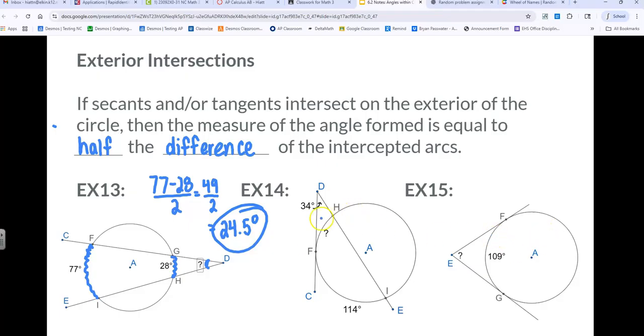Let's skip over to 15 because I think 14 is the hardest one to do. For 15, I need to subtract and divide by 2, but they only gave me one number. What could I do? Good. If I do 360 minus 109, then that is going to give me 251.